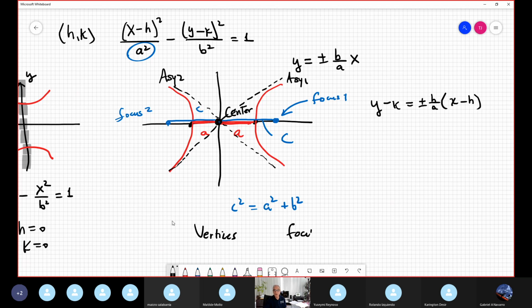Because the supposition is the center is at the point h, k. You know, h is always associated with the component x and k is always associated with the component y.